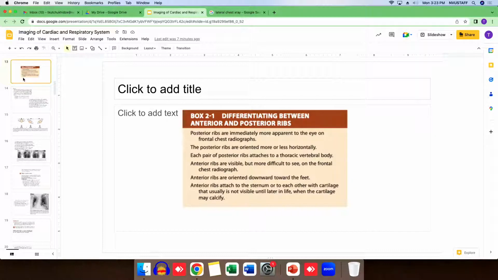Also, anterior ribs are located more downwards towards the feet, and they attach to the sternum on both sides with cartilage. In earlier life the cartilage is not visible, while in later life the cartilage is more calcified, so it is visible. So if we take a chest X-ray of a child or baby, we won't be able to see the anterior ribs, because the cartilage won't be visible.